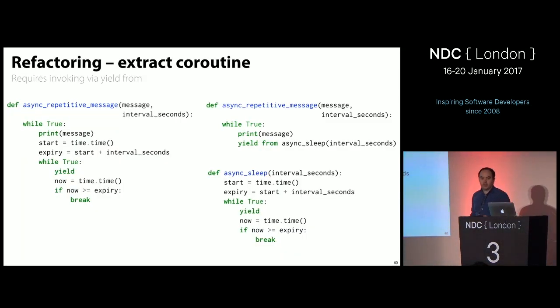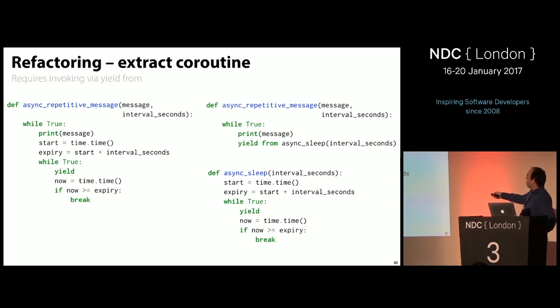So here's another case where this contagious thing crops up. We had async repetitive message here, which basically printed a message and then had a sleep. So this thing here is sleep, effectively, right? So let's do a nice refactoring and extract an async sleep function, or extract generator refactoring.